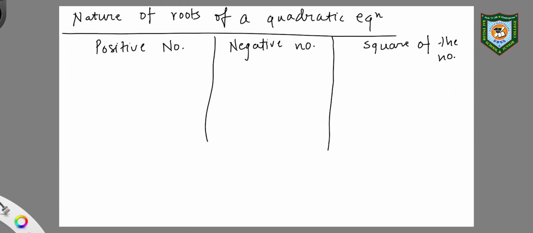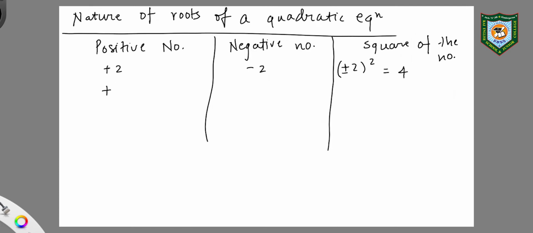Now bear in mind that the value of the number is going to be the same, only the sign is going to be changed. So here I have minus or plus 2. Plus 2 and minus 2 both, if I square both of the values, the answer comes as 4.